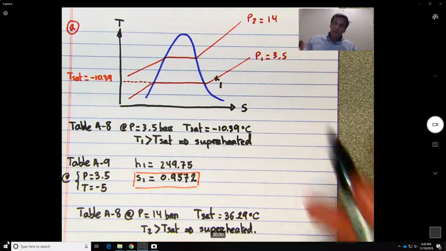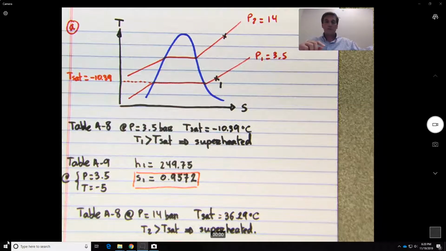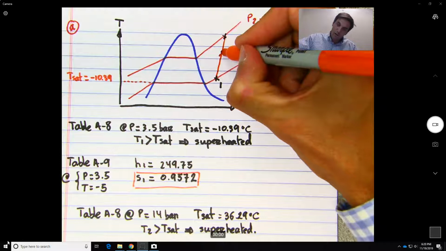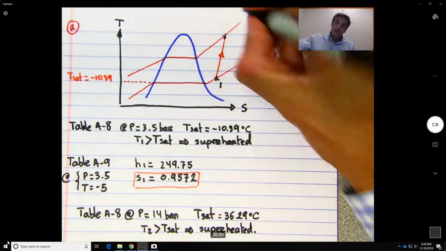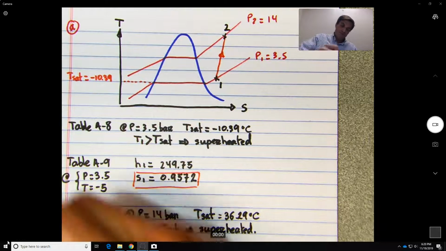So what does that mean for the figure? It means we're going to go to a point over here. So we go from here to here.